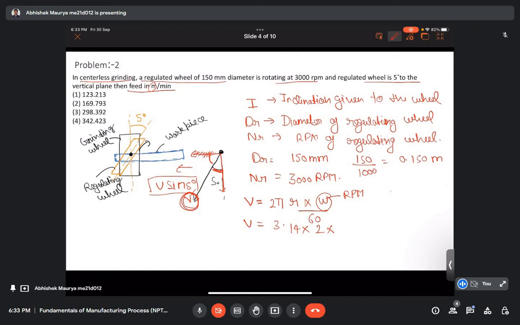Basically that will be half of the diameter of the regulating wheel. If we directly put it into meters, it will be 0.150 divided by 2, and the rpm value which we have is 3000. So it will go away.